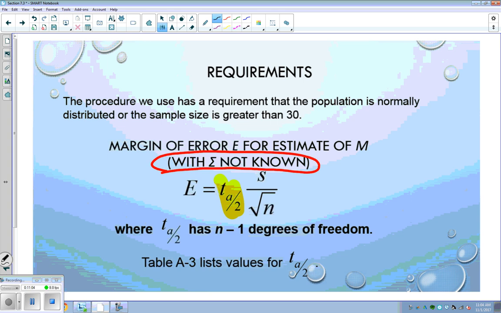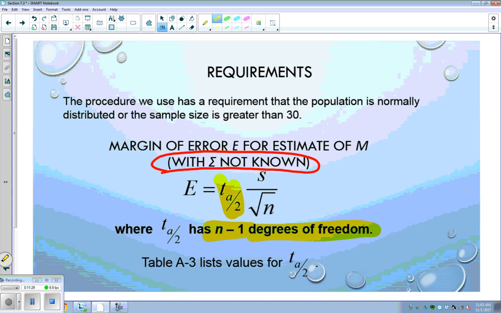So that's where we come up with degrees of freedom. That's where degrees of freedom comes from. And degrees of freedom is simply n, your sample, minus 1. Okay? And with that comes your new table.